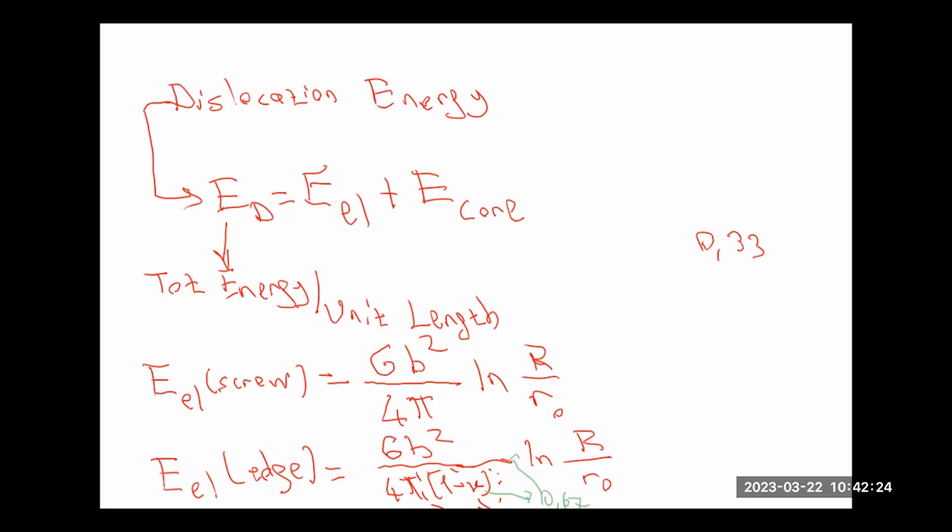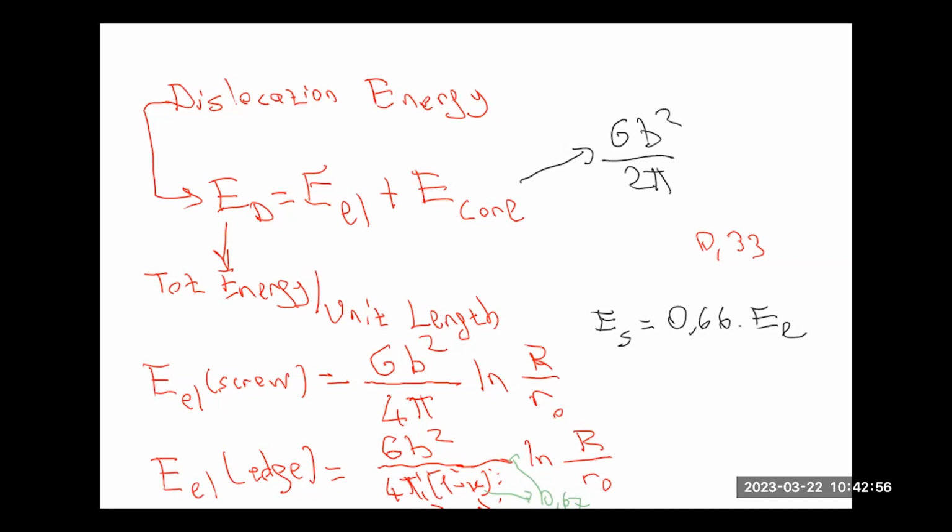Therefore, edge is larger. Basically, the relationship between them is that the energy of a screw dislocation is maybe 0.66 times the energy of an edge dislocation.